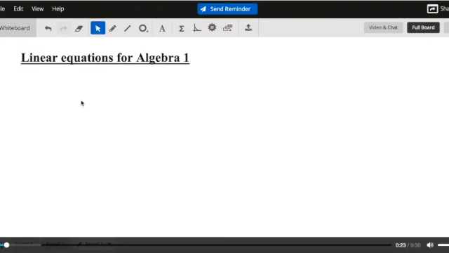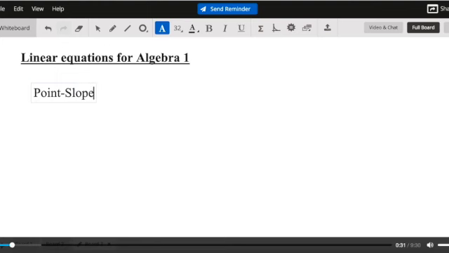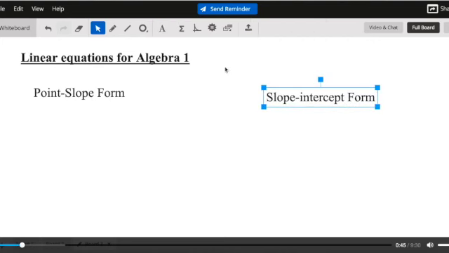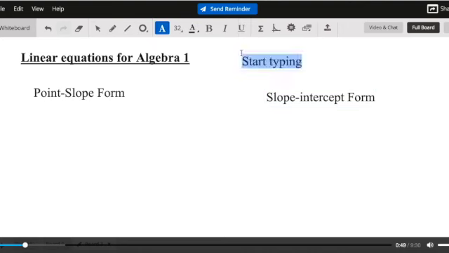We're going to start with point-slope form, which means you're given a point with its slope, and slope-intercept form, where you're given the slope and the intercept. Now, no matter what happens, you can always use the slope formula, right?